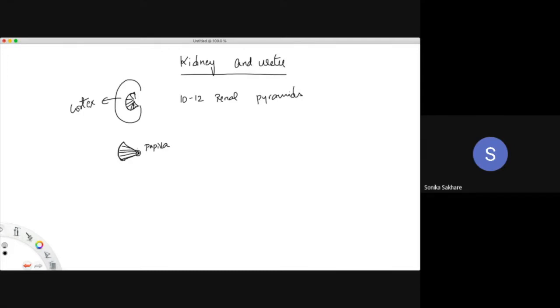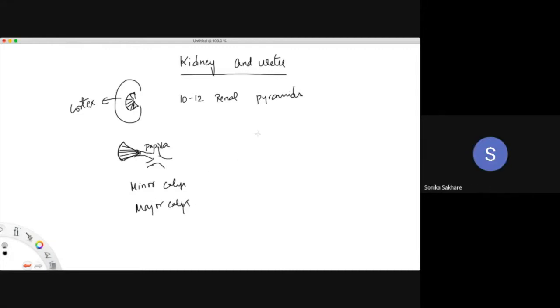Now, this papilla will open into what is called a minor calyx. Two to three minor calyces will join like this to form a major calyx.